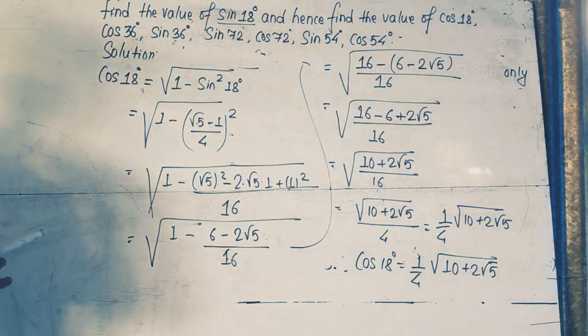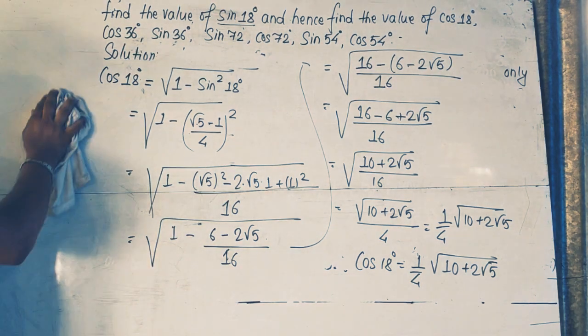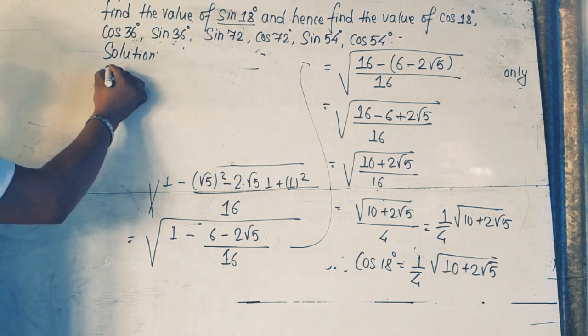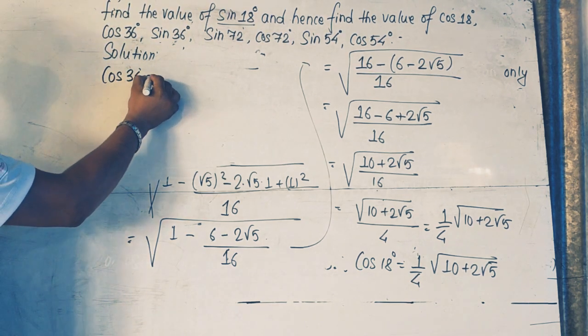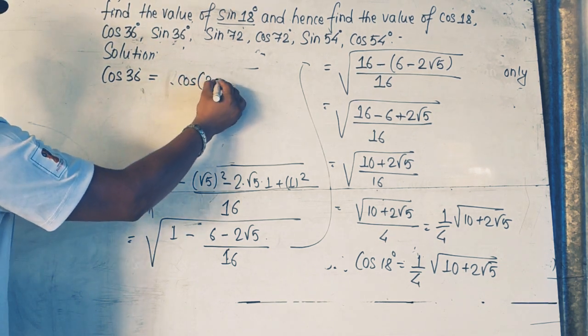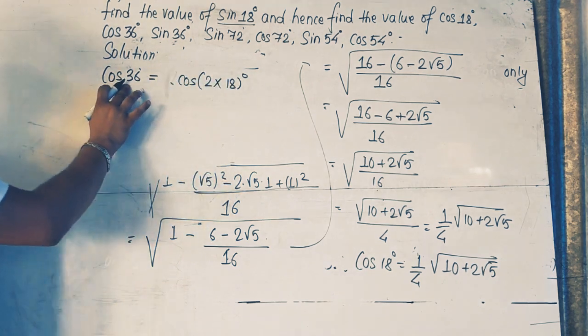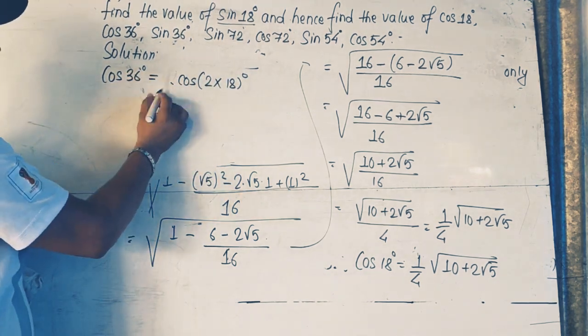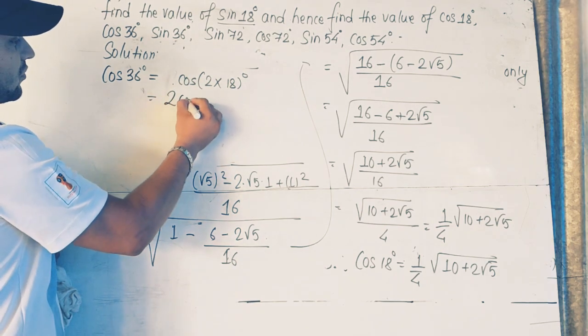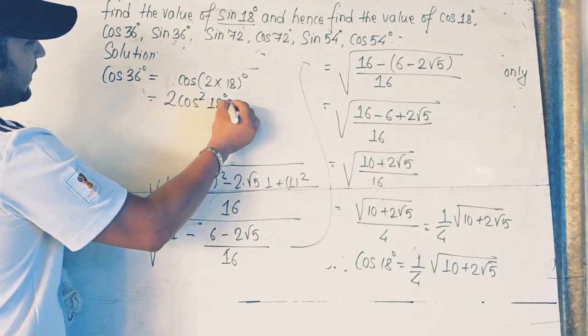Now in the same question, you have also been told to find the value of cos 36 degrees. Now note that 36 is double of 18. So we can write cos 36 as cos of 2 into 18 degrees, because in place of 36 we wrote 2 into 18. Now for solving, using the formula of cos 2a, the formula is 2 cos square a minus 1.